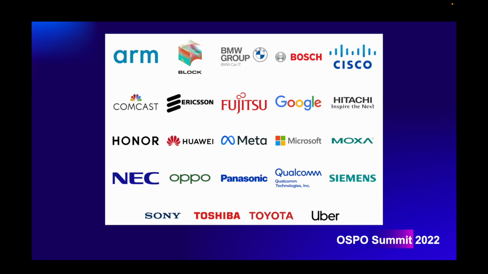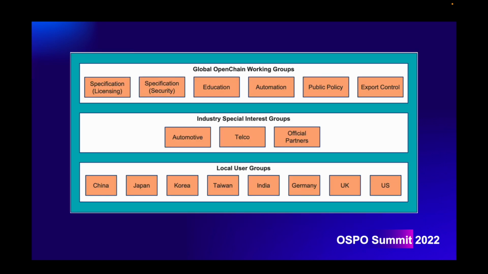To be fair, all of these companies are big companies. That's because big companies have big supply chains, and they have a lot of work to do to manage those supply chains. These companies facilitate the OpenChain project so that thousands of other companies can come together and develop and use standards for making trusted supply chains.